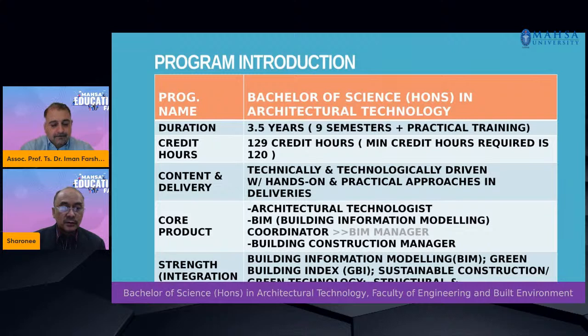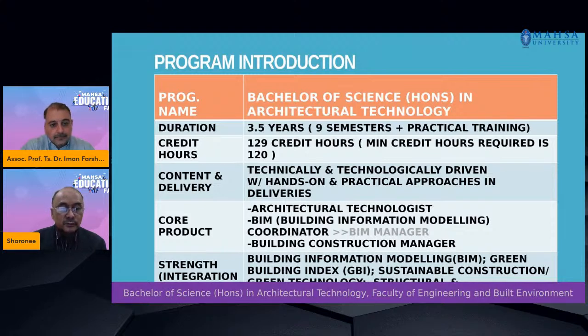And our content is technically and technologically driven, meaning hands-on and practical approaches in the way we deliver things. So what we are targeting is to produce architecture technologists who are very competent in terms of BIM, which is building information modeling, a very critical skill for graduates in architecture and also in engineering.